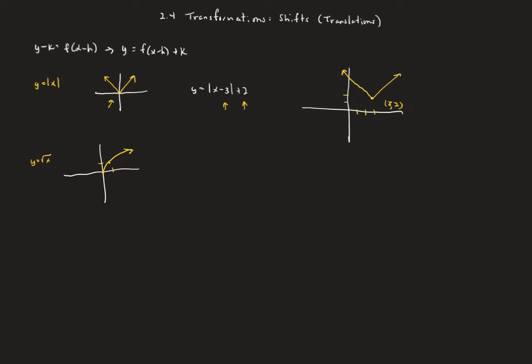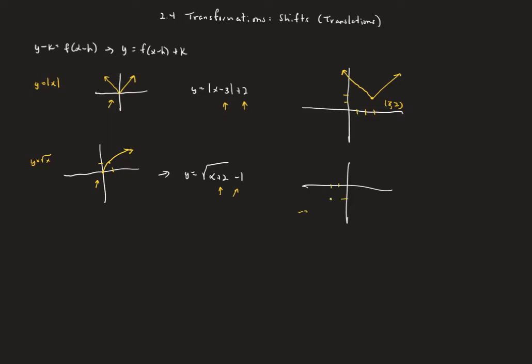Then if we look at a translation here, y equals the square root of x plus 2 minus 1, this is going to be our same square root graph, but now that point that was at the origin is going to be at negative 2 in the x and negative 1 in the y.